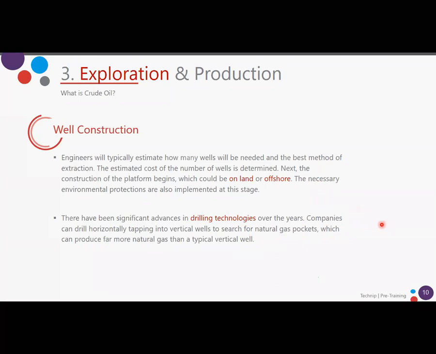However, this extra cost is generally made up for with the increased well production. Depending on the crude oil price, the companies will go to this more expensive process, that is, the horizontal drilling.